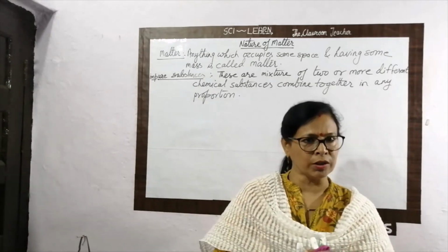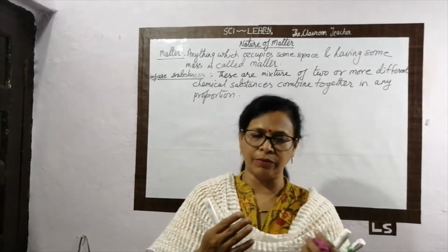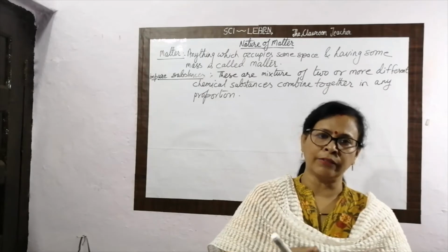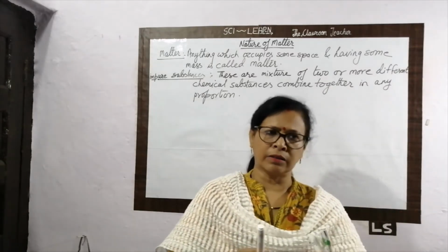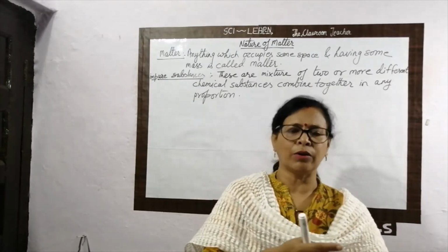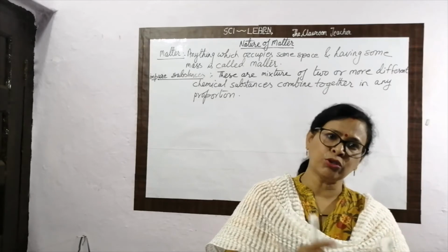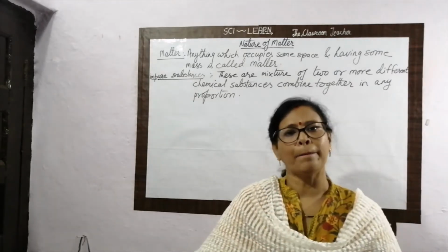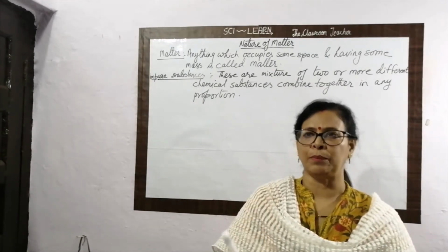Is the proportion fixed? Do we have to take 5 grams of mud, 10 grams of clay and 50 ml of water to make mud water? No. In any proportion, if these things are combined together, they form mud water. So muddy water is an example of an impure substance.